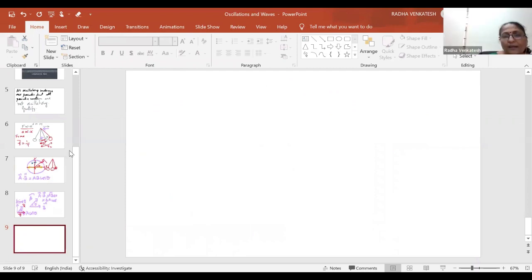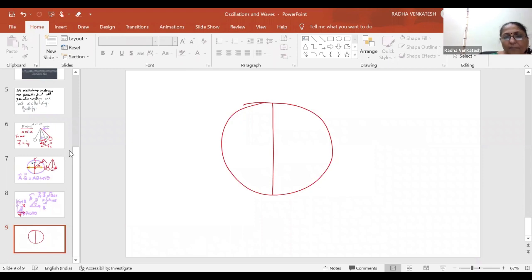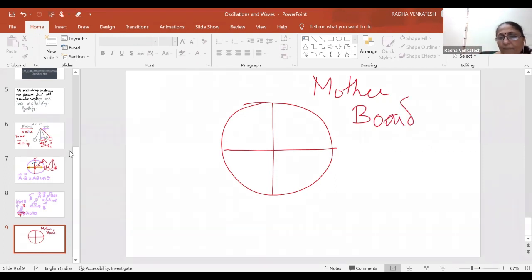So here again, the diagram is easier for me. Again the circular motion, the same. This is the motherboard for me. Everything comes from this diagram. So if we can understand this and draw everything from it, it's easy.